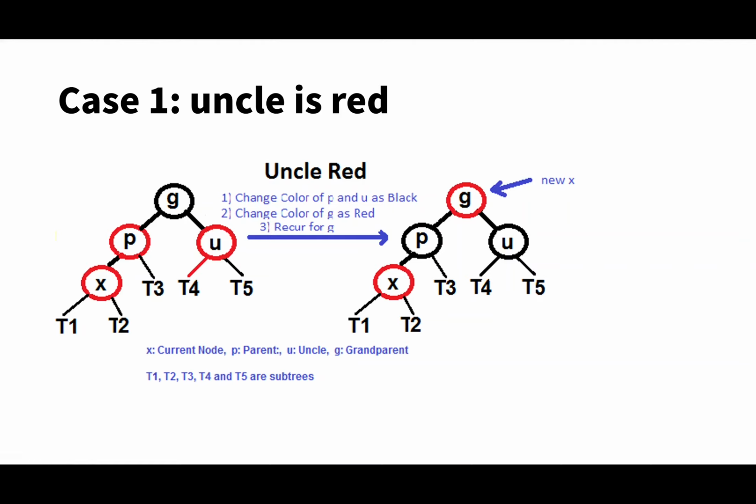X is the inserted node, and P is its parent, U is its uncle. They are red, so we color them to black, and the grandparent becomes red. But if this node is root, we will not color it red. We just return.